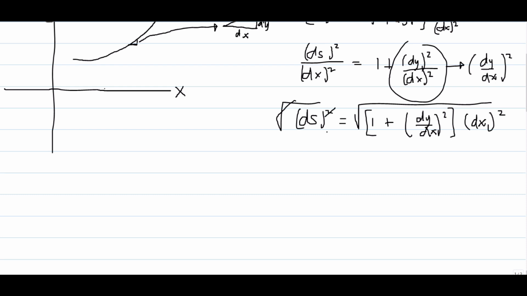So this would cancel out, and ds is equivalent to the square root of 1 plus the quantity of dy over dx, squared.